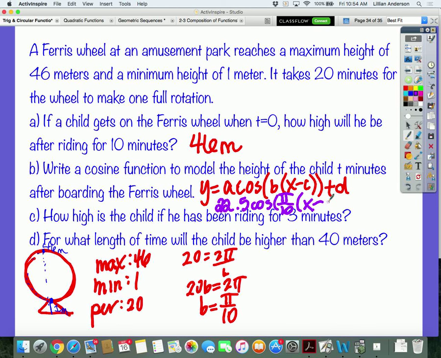C would be 10, because that is how long it would take you to reach the maximum height, which represents your phase shift. And lastly, you would have your D, which is 23.5, max plus min divided by 2.